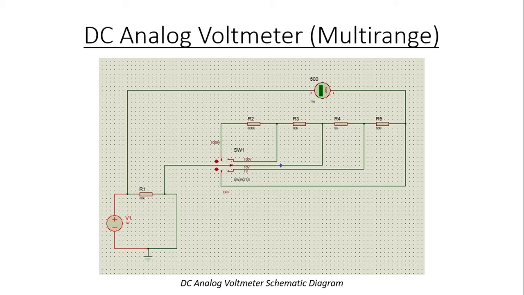The multi-range DC analog voltmeter was made up of a multiple-position switch and several multiplier resistors. The 5-position switch will make contact with only one resistor at a time, and each resistor is sized to provide a particular full-scale range for the voltmeter.